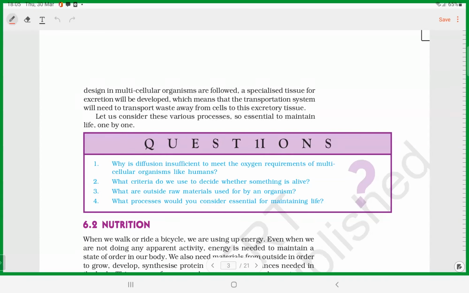The first question is for Rohit. Second question, what criteria do we use to decide whether something is alive, for Anirudh? The third question, what processes would you consider essential for maintaining life, for Kaushik. Okay? Look into that. And I will take one question: what are outside raw materials used for by an organism? I will take the third question, an easy question.